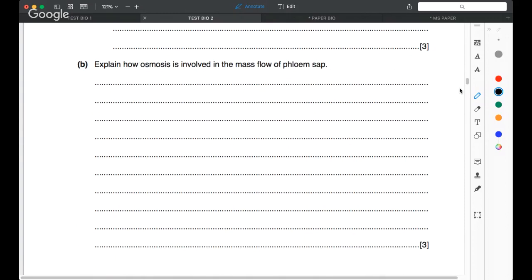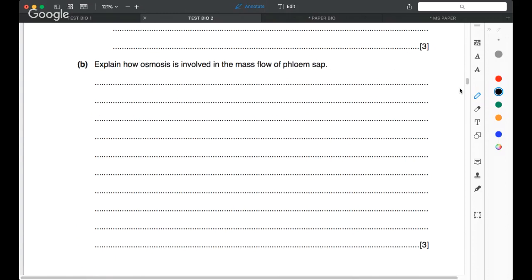When sucrose is actively pumped, when sucrose diffuses from the companion cell through the plasmodesmata into the sieve tube element, the water potential of the phloem decreases. So water enters the phloem sieve tube at the source by osmosis down the water potential gradient, increasing the hydrostatic pressure.